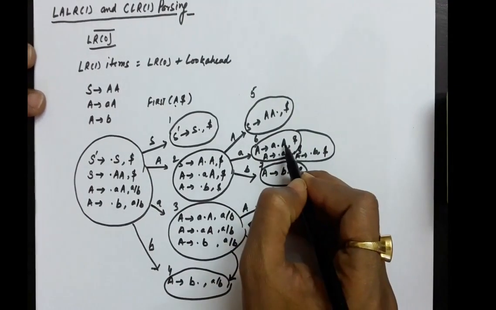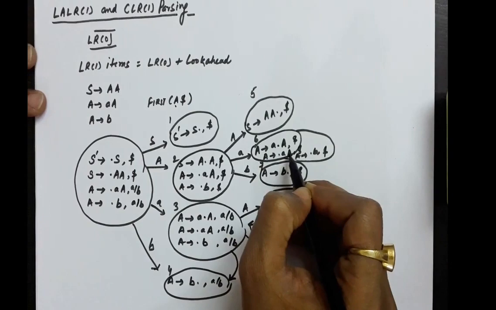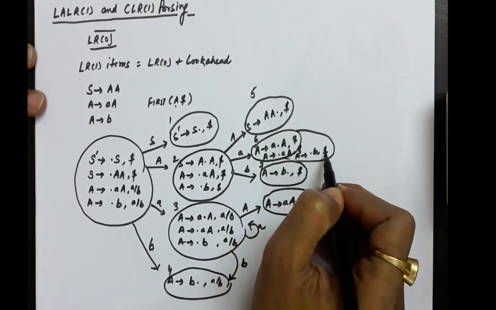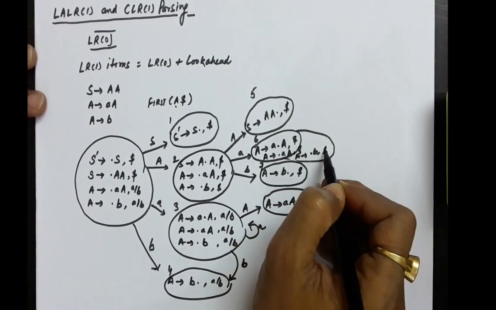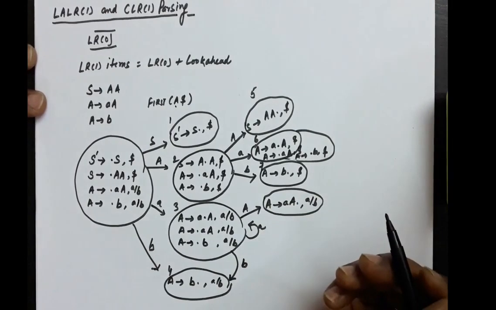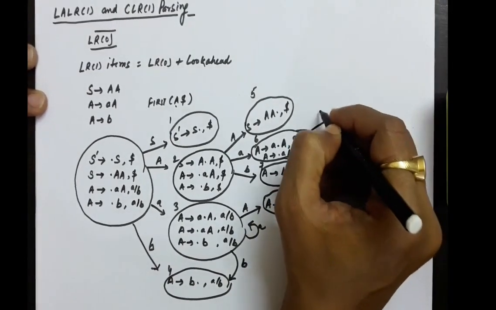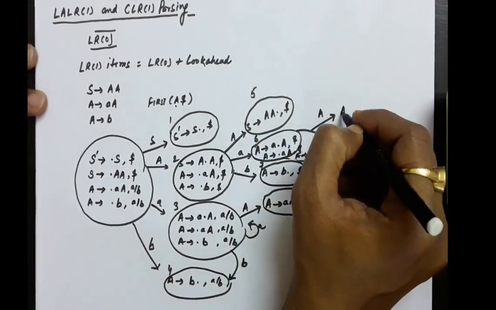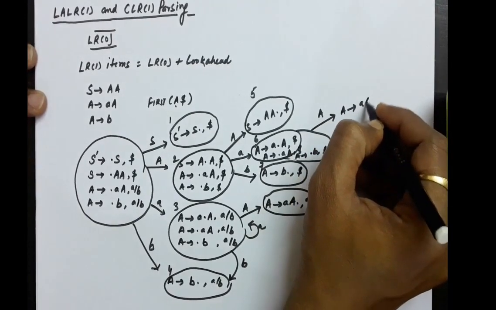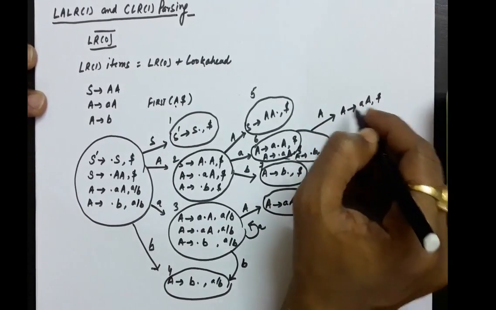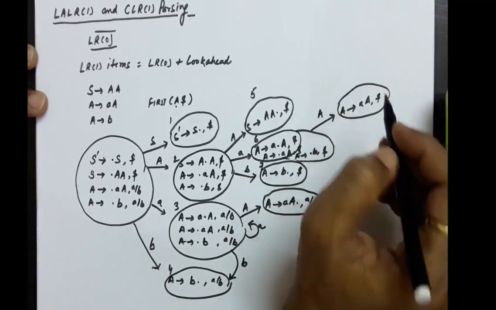Okay, so all the production that is starting with capital A. So A produces small a and capital A, and A produces small b, and the first of dollar will be dollar. That's why we have added this. From this sixth state on capital A, you will be going to A produces small a, capital A, and first of dollar will be dollar.